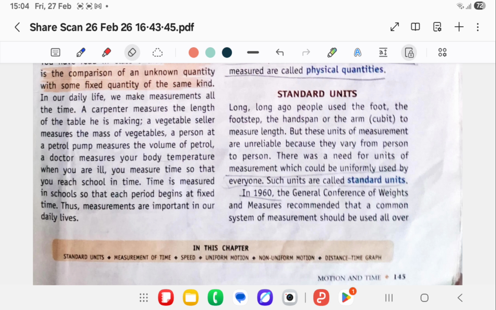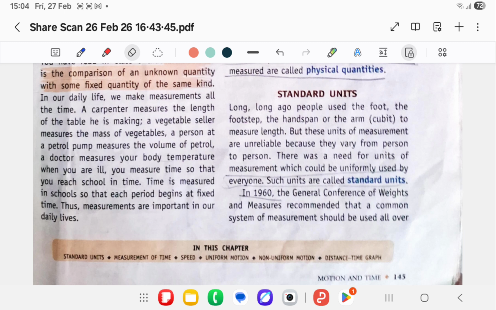So the length of the table is the same, but for you it is coming 4 hand spans, and for a 4-year-old child it is coming 8 hand spans. So we cannot understand the length when we do not have any standard units. Units which are used uniformly all over the world are termed as standard units.